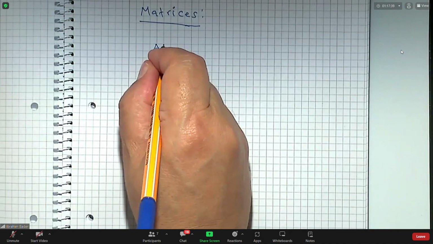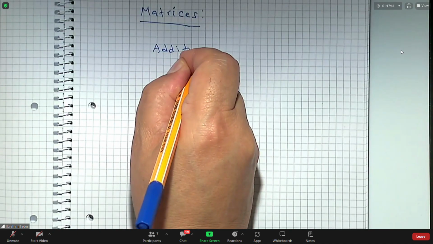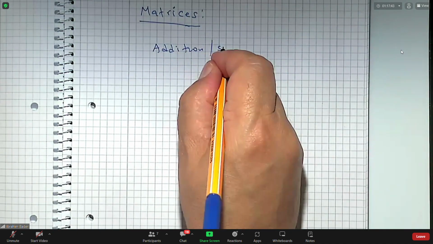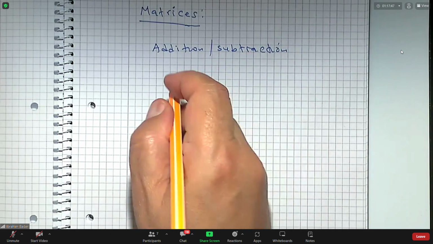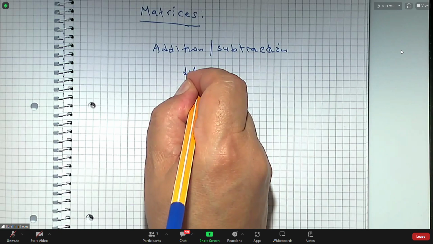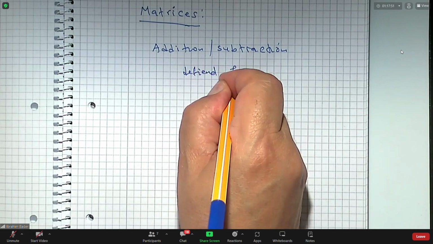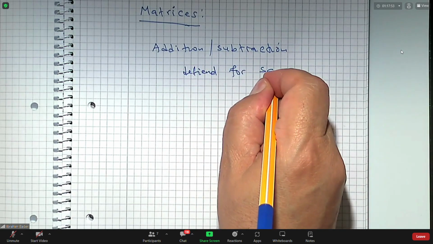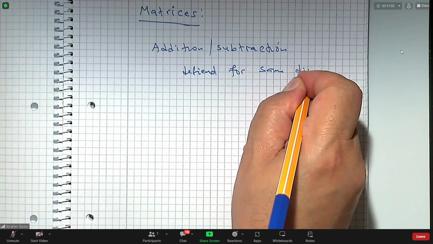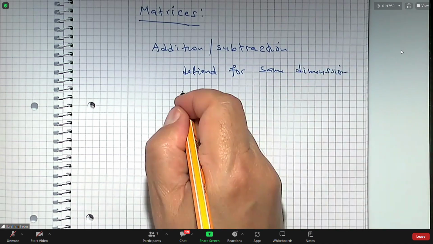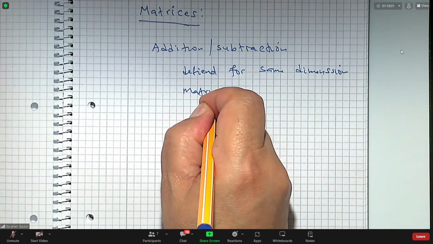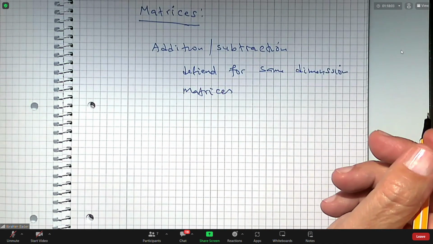We have addition and subtraction, and this is defined for matrices of the same dimension.